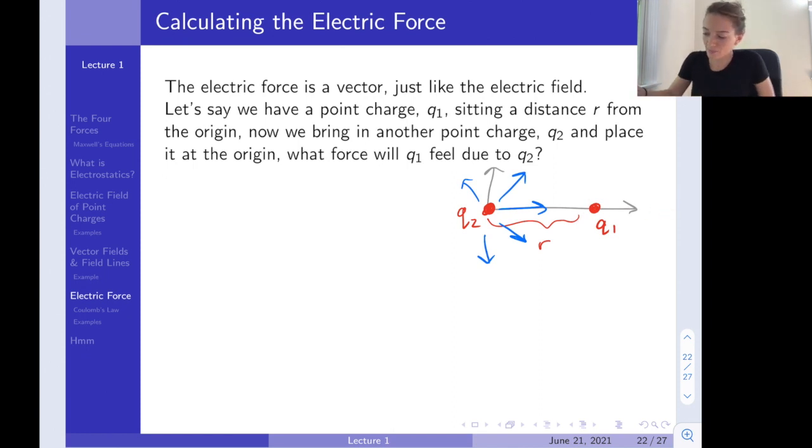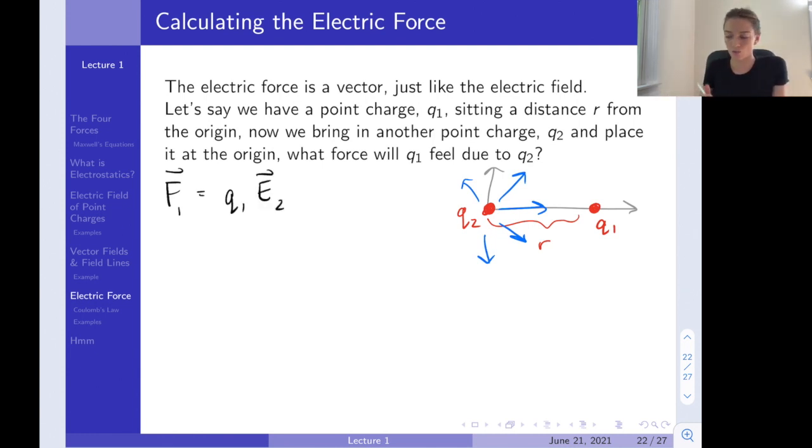So let's just see this. So we have F on charge 1. So we have Q1 there is equal to the electric field due to charge 2. So we have Q1, the electric field due to Q2, is Q2 over R squared. That's the distance between these two, right? The electric field of charge 2 at the location of charge 1.